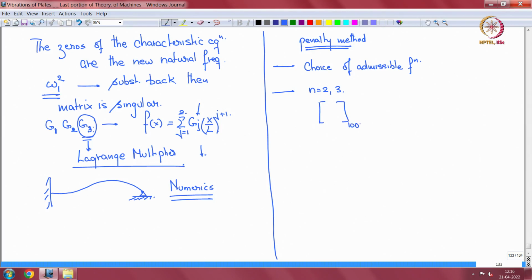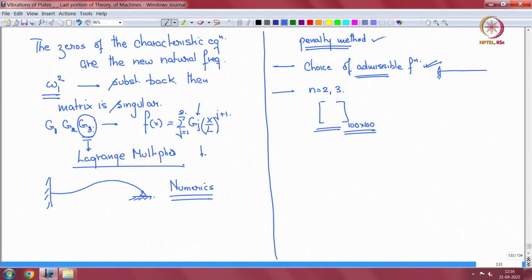And they may not be numerically amenable. So the choice of admissible functions, although it looks kind of trivial at this stage, because we are looking at very standardized systems, Euler-Bernoulli beams with cantilever beams and simple constraints, but if you go to something realistic like a plate with some strange boundary conditions, then you will have to choose the admissible functions, and they may not be amenable to proper numerics.